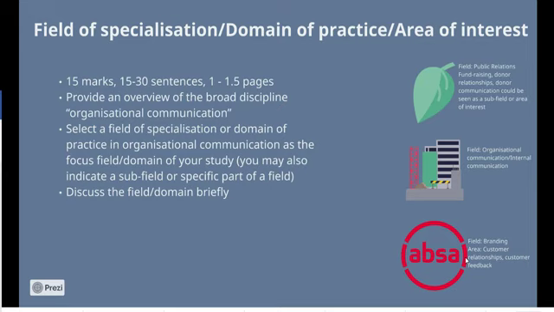So it's almost internal communication. And that is why issues of employee relationships are part of internal communication and can be seen as this area of what we can also refer to as organizational communication as a field within the bigger organizational communication discipline.